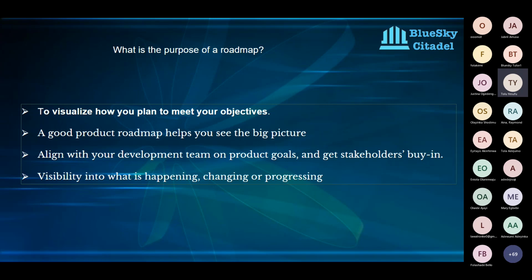How do we plan to get from A to B to C to D to E to F? So the purpose of a roadmap, one, is to visualize how you plan to meet your objectives. When you understand the objectives of the business for the project, no matter how the objectives look, your roadmap needs to show where you're going and how you're going to get there.